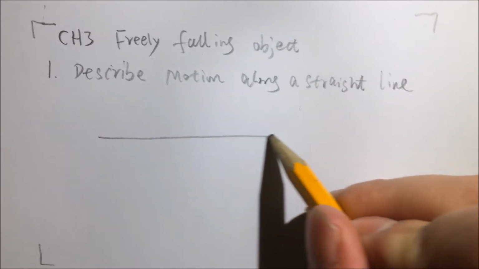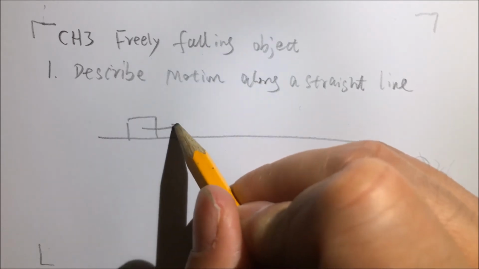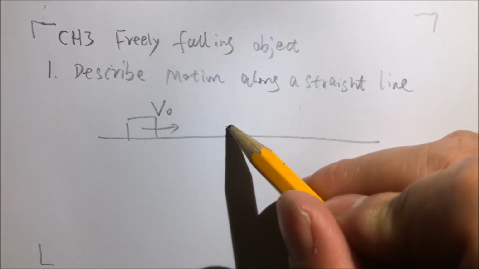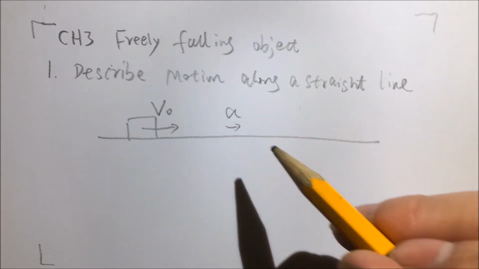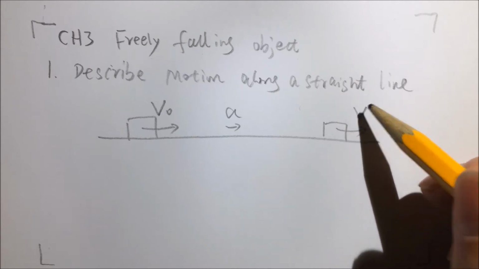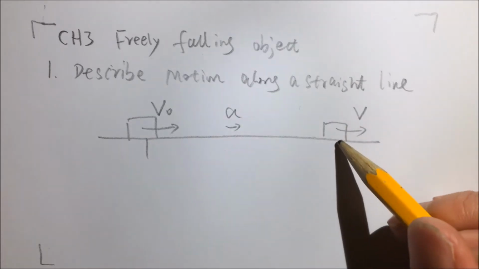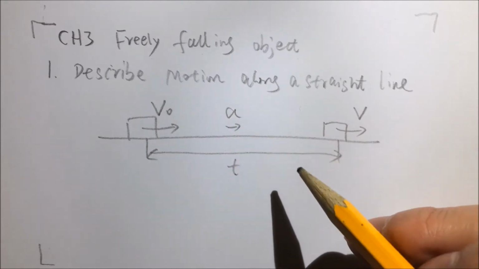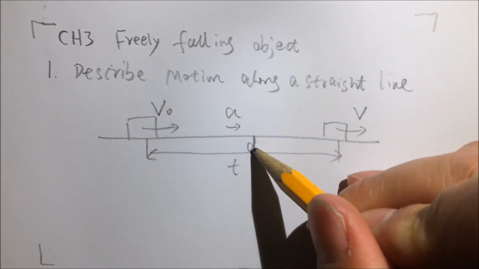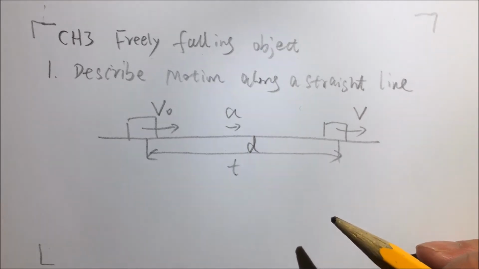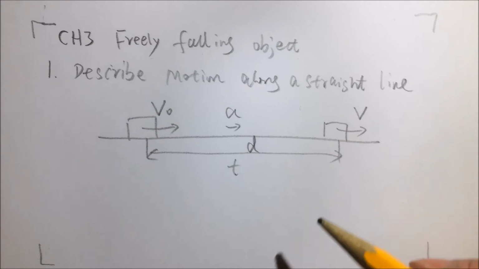We say if an object is moving with the initial velocity v0, acceleration a, that's constant acceleration, and reaching a final velocity v during a certain amount of time t, and it travels a distance d, then we have a group of equations to describe that motion.